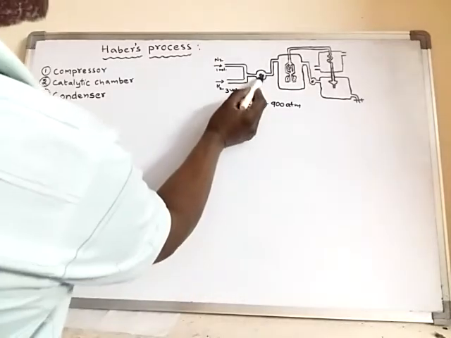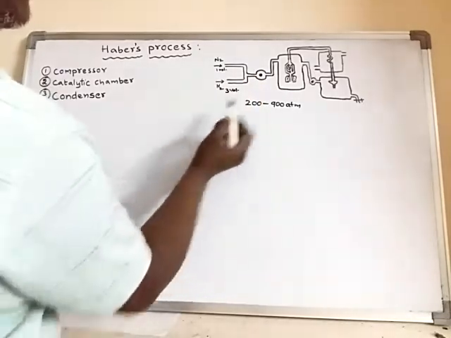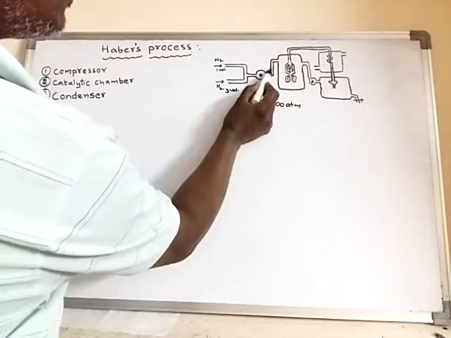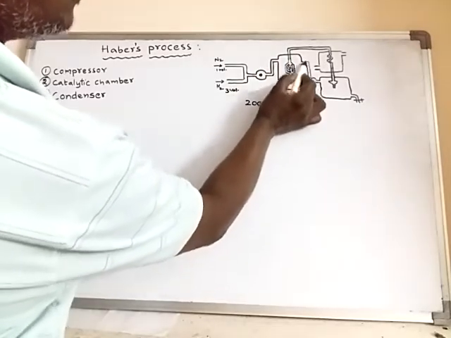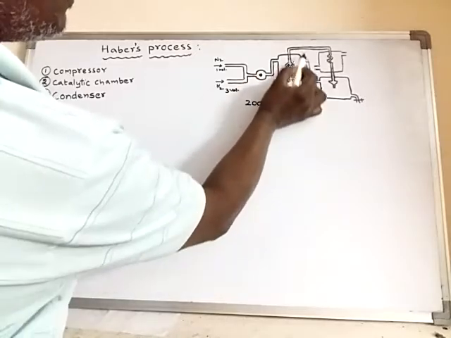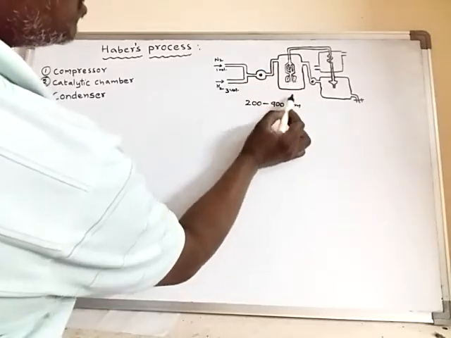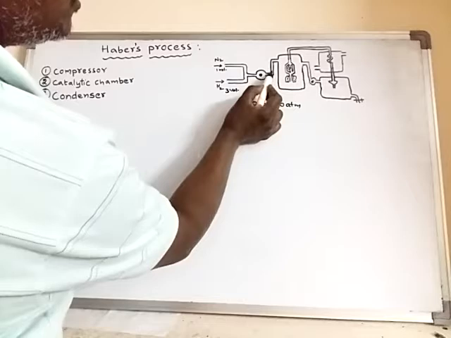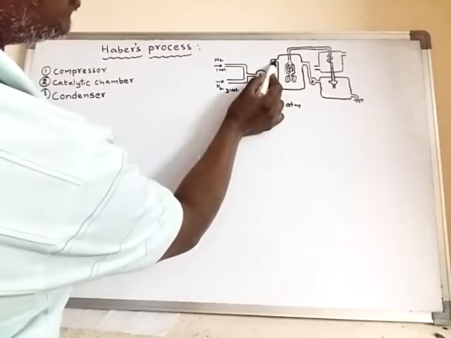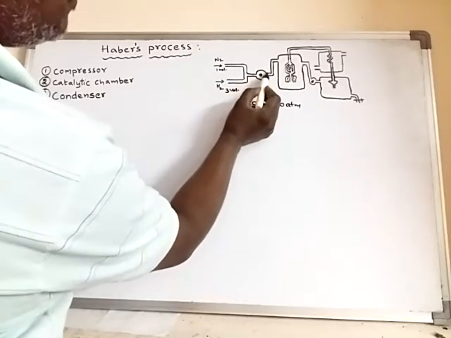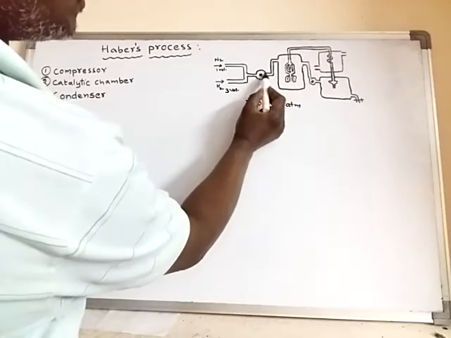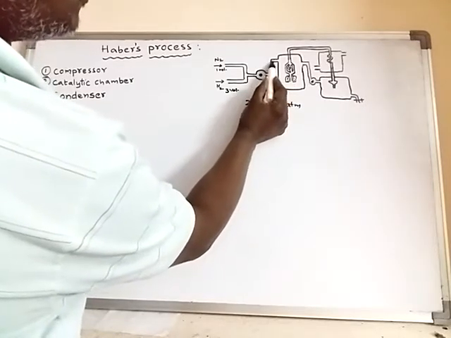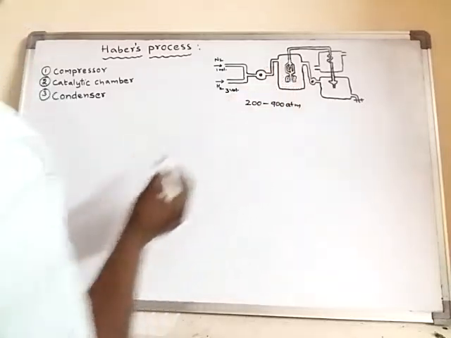After the gases are compressed, the compressed gas mixture, 1 part of nitrogen and 3 parts of hydrogen, is sent into this catalytic chamber.